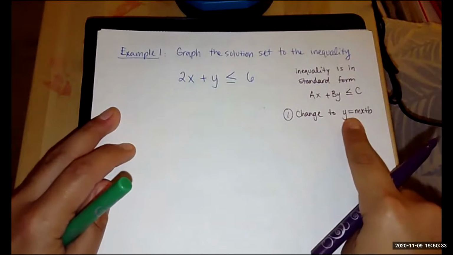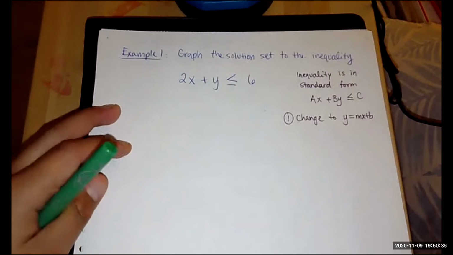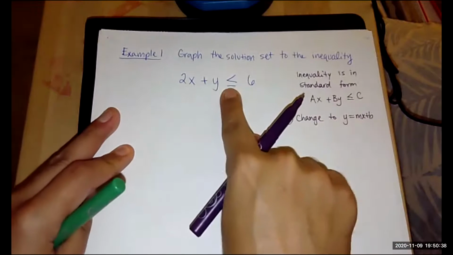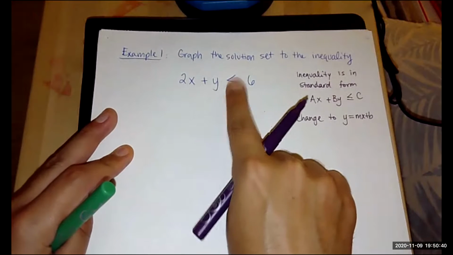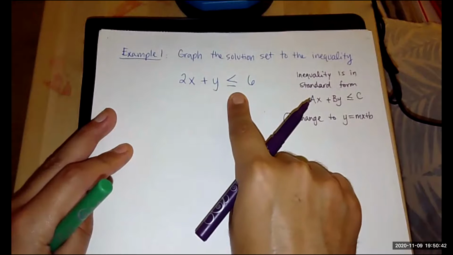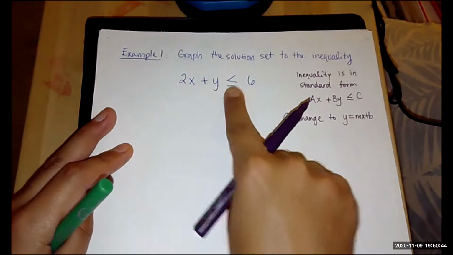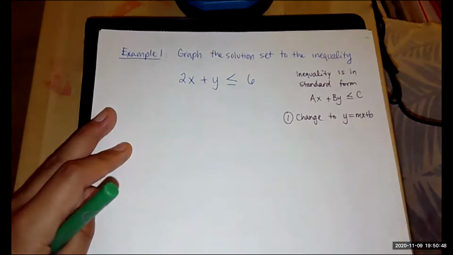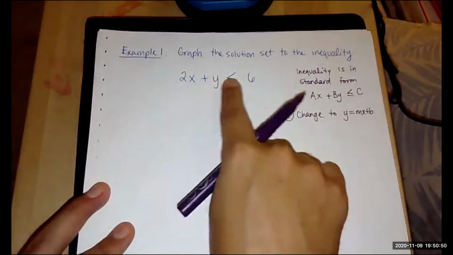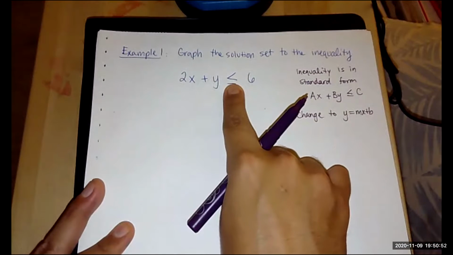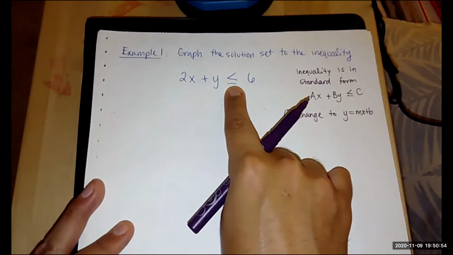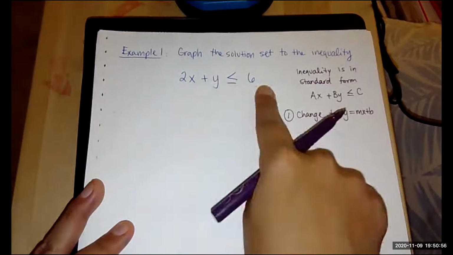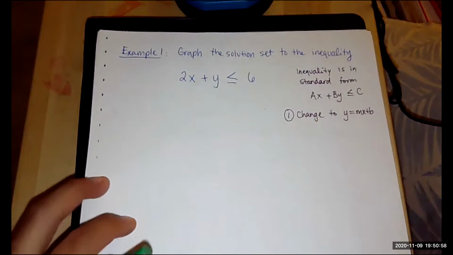And I'm being loose with the equal here. All I'm saying is put it in the slope-intercept form. We're going to keep this inequality symbol the same way it is unless I divide by a negative number. Okay, but we'll cross that bridge when we get there. The inequality is going to be treated just like the equal sign for the most part. I can add and subtract anything that I want to the inequality as long as I do it to both sides.